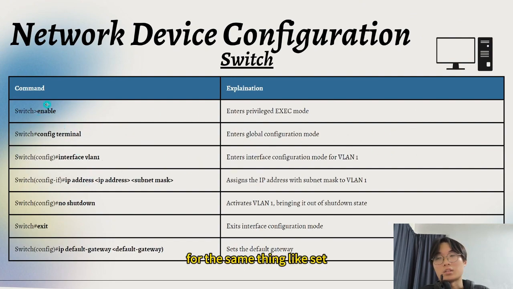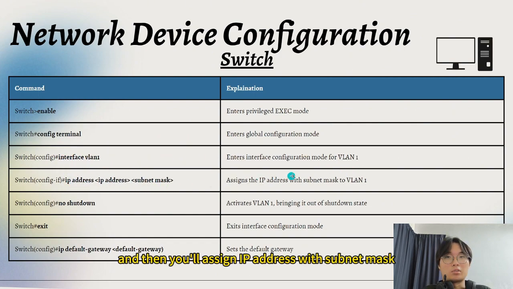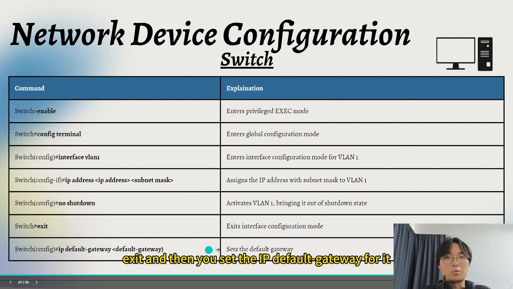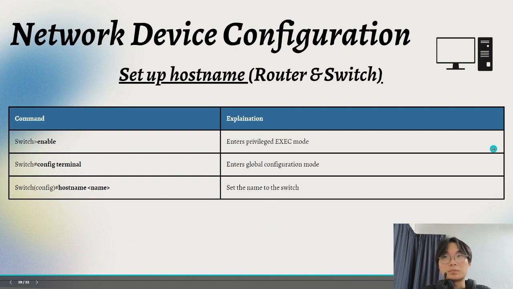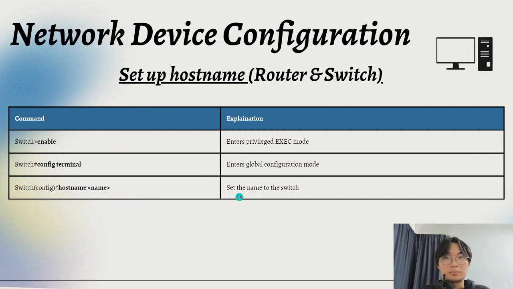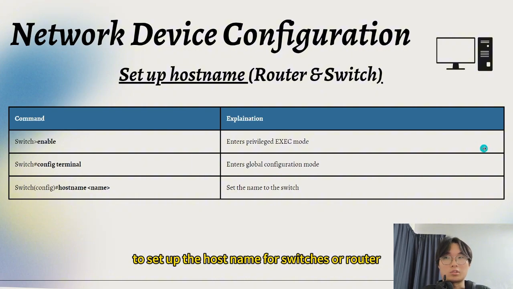For the same thing, to set up the switches, you need to enter interface VLAN 1 and then assign the IP address with subnet mask, no shutdown, exit, and then you set the ip default-gateway for it. To set up a hostname, you can use the command hostname to set up the hostname for switches or router.